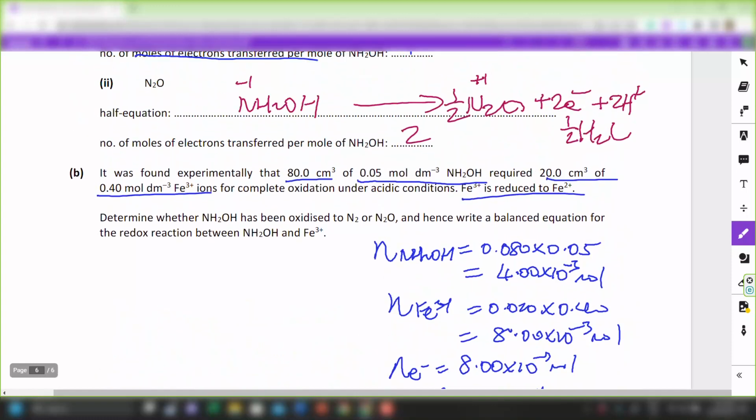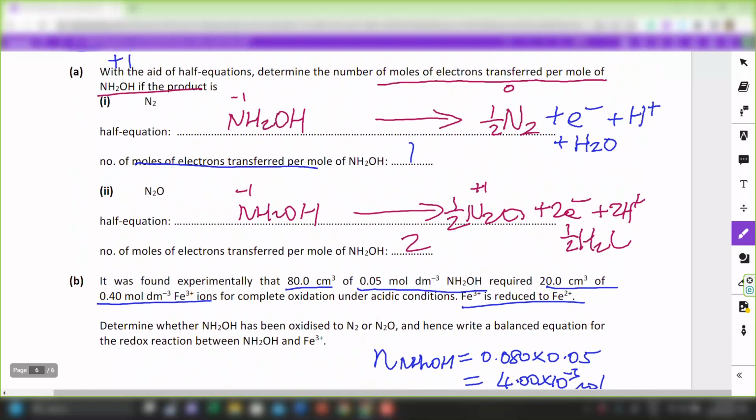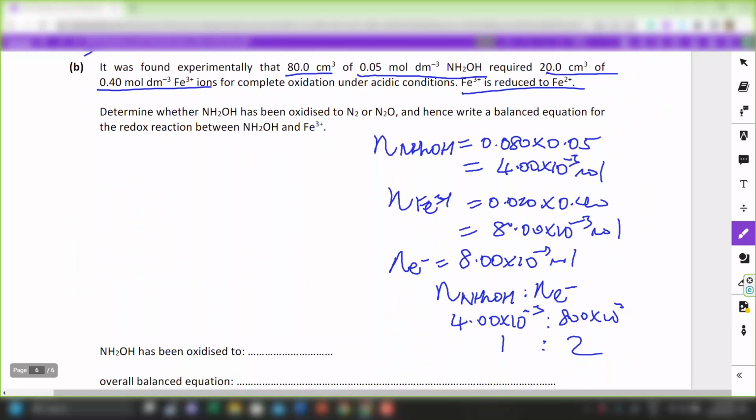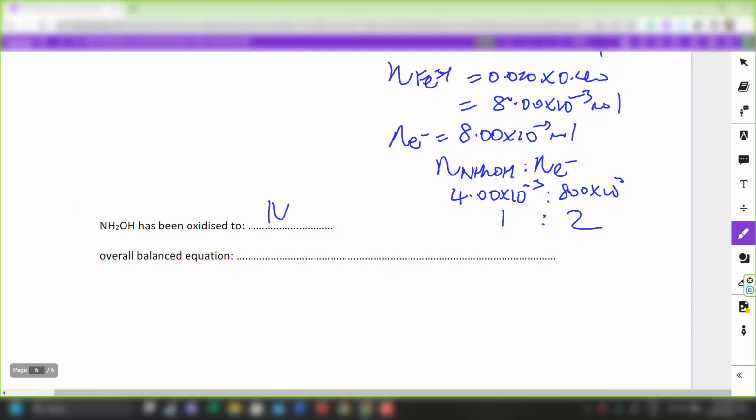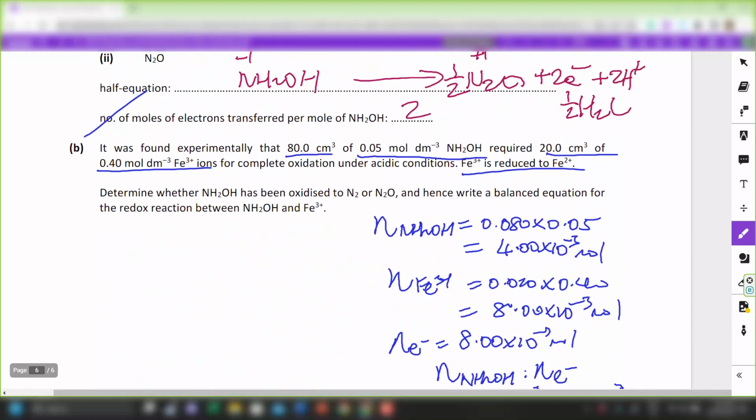So based on the above, I'm going to pick the product to be dinitrogen monoxide, so that will be N2O. And I'm going to write the balanced equation based on this.